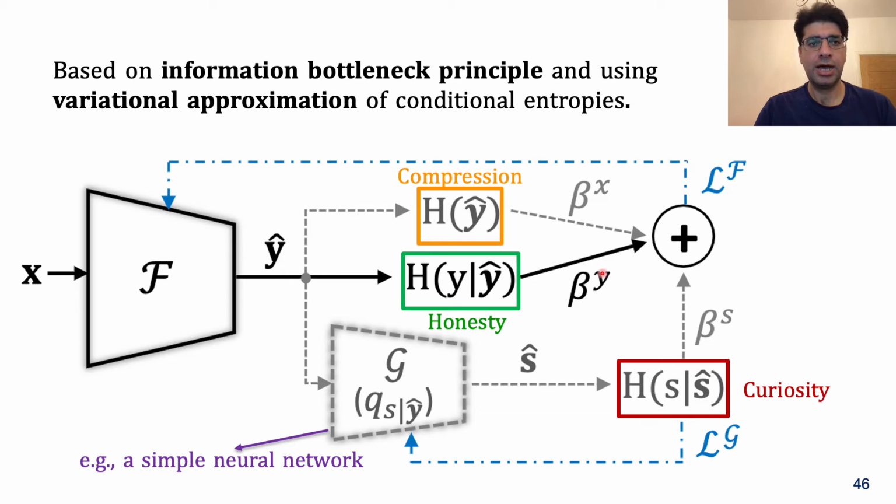And we also have an additional component, which we call the compression component. This component simply forces the model, the main classifier, to have a low entropy output, which I will explain in a few minutes, what is the use of this compression component.